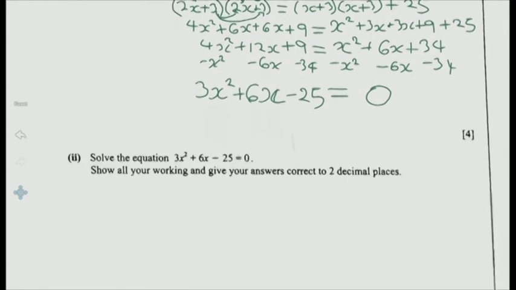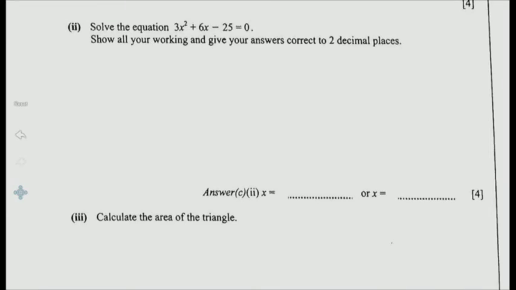Then you can have a look at the next question. It reads, solve the equation 3x squared plus 6x minus 25 equal to 0. Show all your working. Give your answer correct to 2 decimal places.